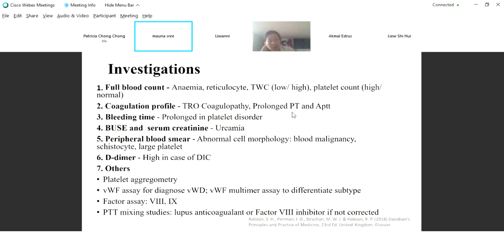Next is peripheral blood smear to rule out any abnormal cell morphology, such as blood malignancy, D-dimers to look for any DIC, and other investigations such as platelet aggregometry, von Willebrand factor assay, other specific factors, and also PTT mixing studies.